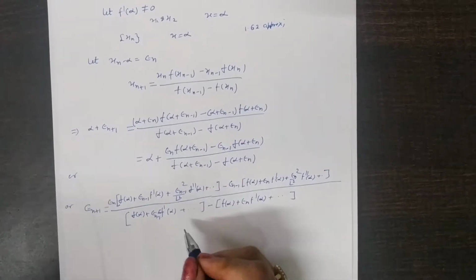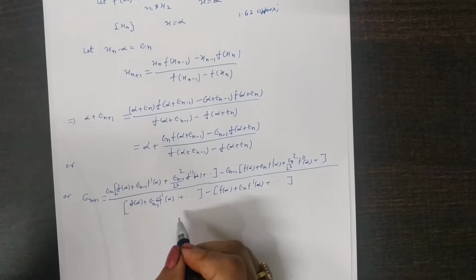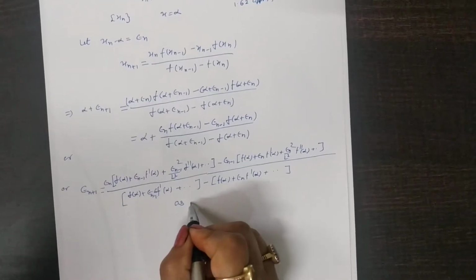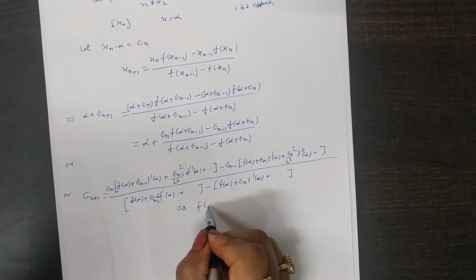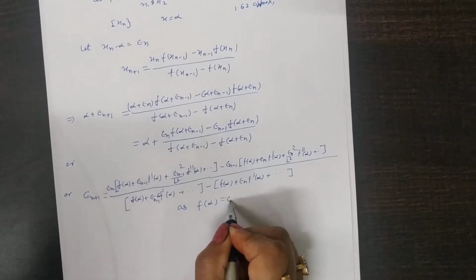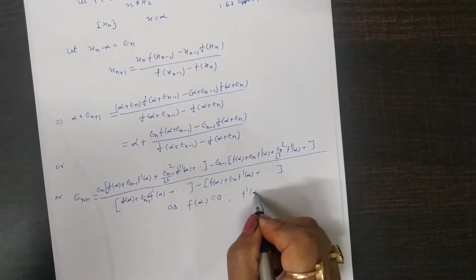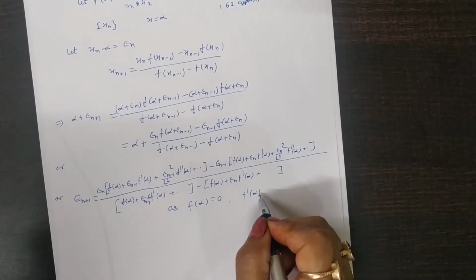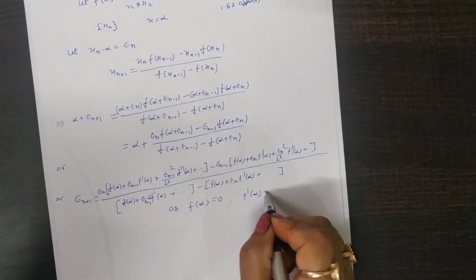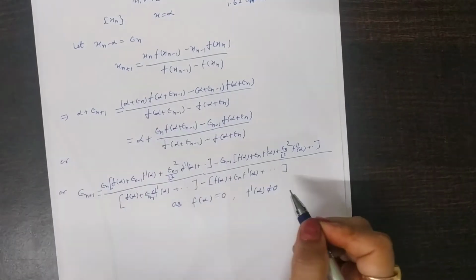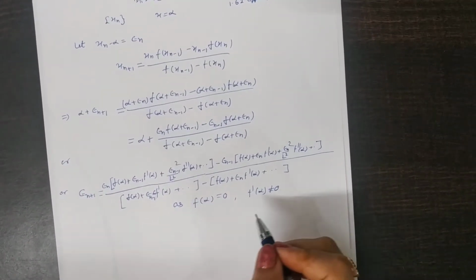Now here, as f(alpha) is equal to 0 and f'(alpha) is not equal to 0, as we have chosen.